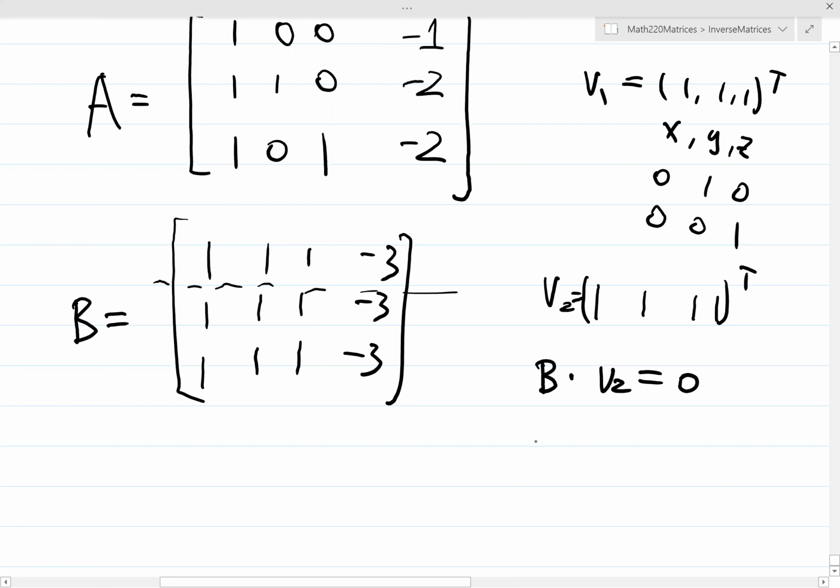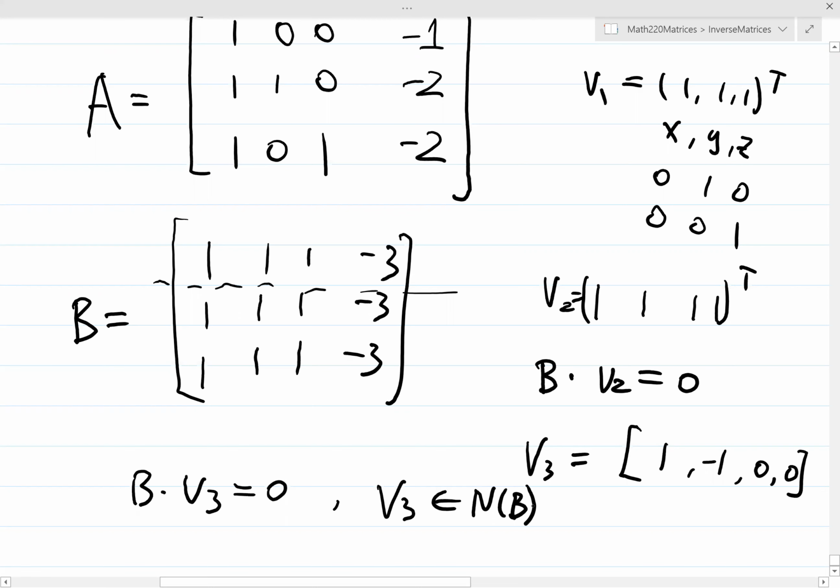So you can choose, for instance, v3 to be 1, negative 1, 0, 0. You can also check B times v3 is also 0. So in this case, v3 is also in the null space of B. So this means the null space for the matrix B is too big. It not just contains the vector v2.